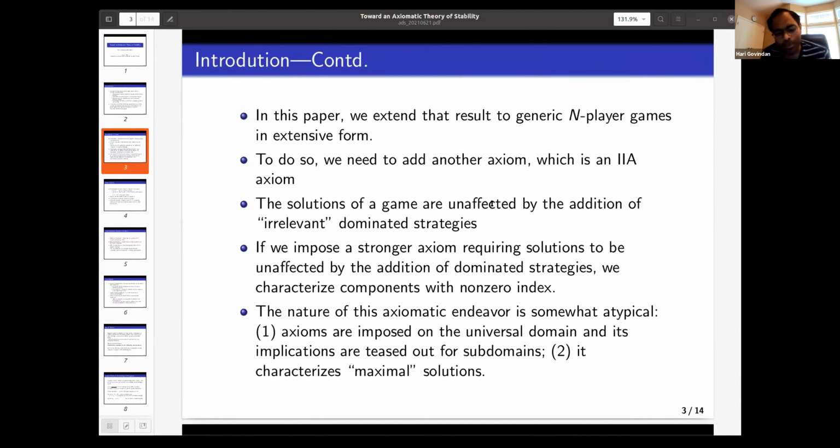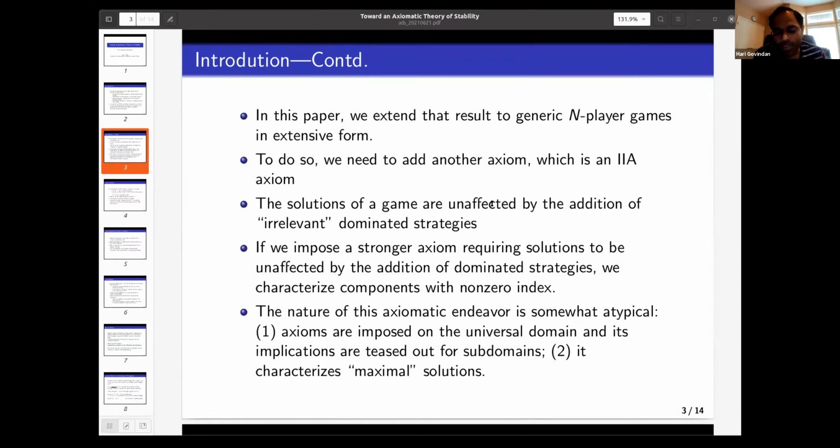That's point one. And the second point is that it's not going to axiomatize a solution concept, because solutions here are not single valued concepts. We don't associate to a game a particular solution, but we actually associate a collection of solutions. So it's a correspondence, not a function from games to solutions.